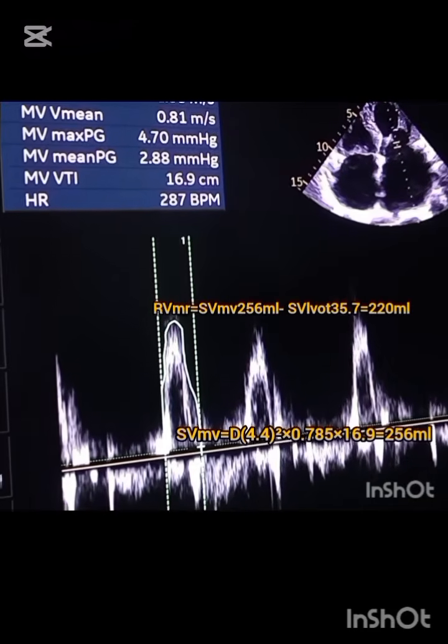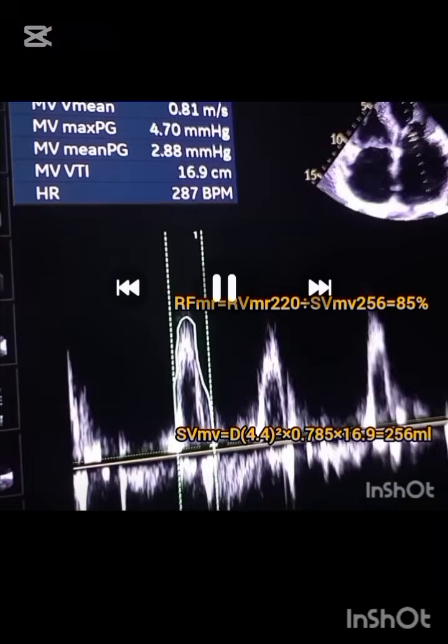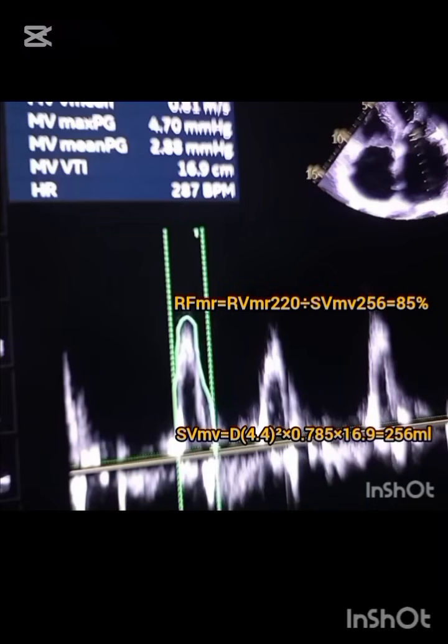And the regurgitant fraction formula is regurgitant volume, which is 220 milliliter, divided by stroke volume of the mitral valve, which is 256 milliliter. So the regurgitant fraction is 85%.